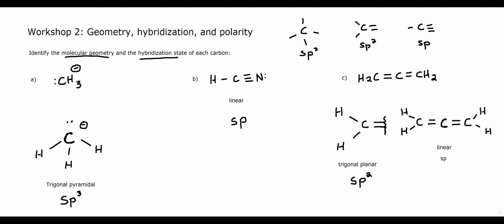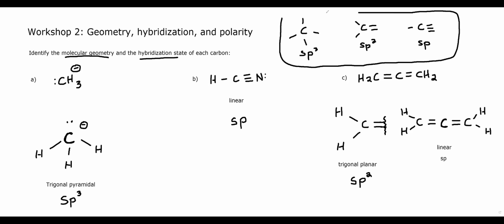But a better way to think about it, this looks nice visually, but for this problem in particular, is if you have one extra pi bond, which I'll draw in light blue here, that means you have an sp2 hybridized carbon.